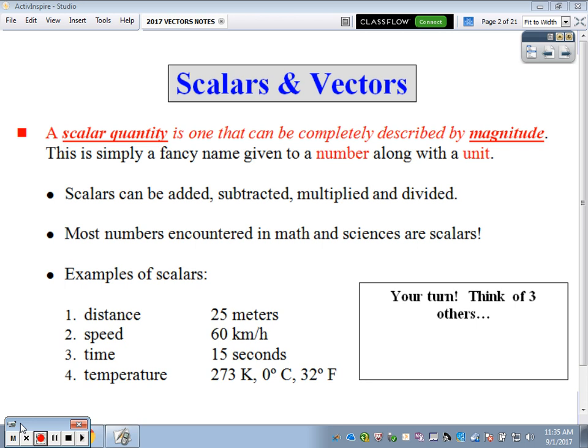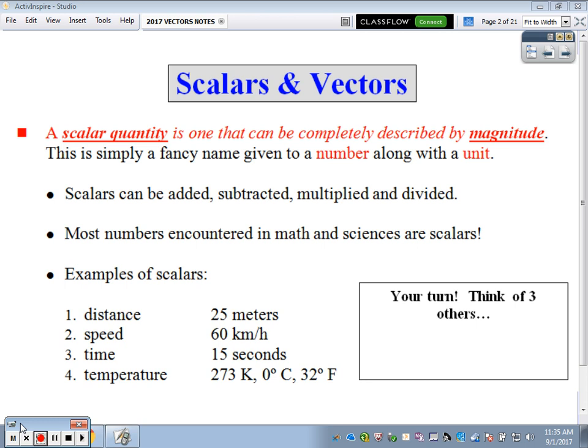Right now, the unit piece is relevant, because if we're just asking whether it is a scalar quantity, what we need to have is the number and the unit. When we ask for an example of a scalar, yes, the measurement of a distance is a scalar quantity, but if I asked for an example of a scalar, the 25 meters, that is the scalar. So we're talking about a number and a unit associated with that specific type of quantity.